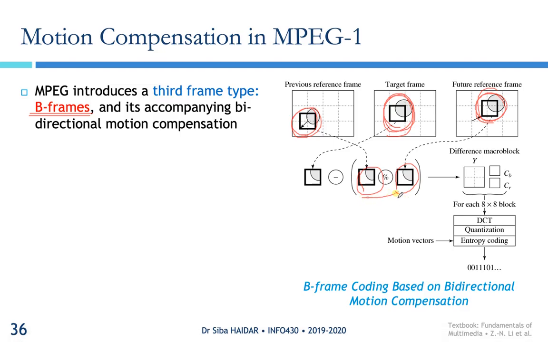You will do the averaging of these motion compensated macro blocks, AVG, and then you do the difference. So you obtain one difference macro block, of course, and then you continue normally with DCT, quantization, entropy coding, and the two motion vectors will also follow the entropy coding.